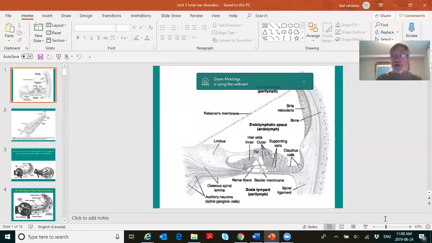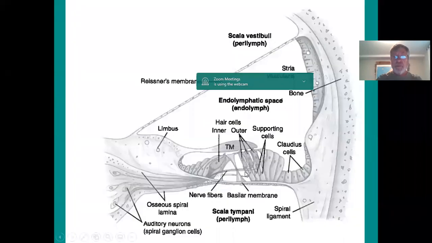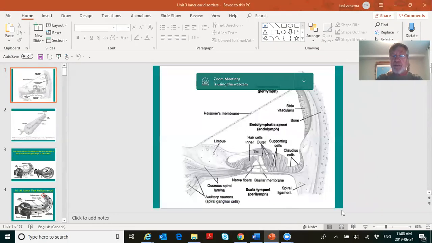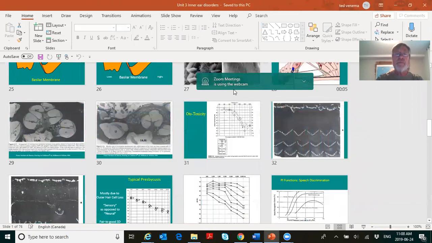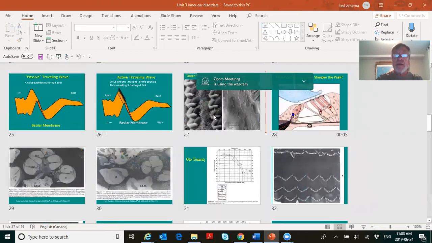Here's the tectorial membrane, TM. And here's the hairs of the outer hair cells embedded into the underside of that membrane. Okay, so now let's just go to that slide we had, and look at it here.